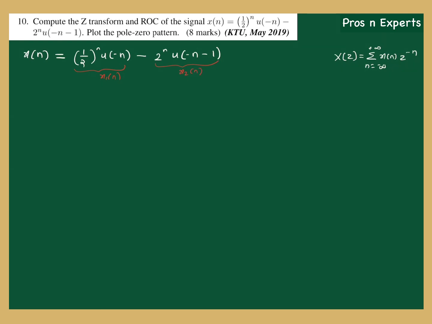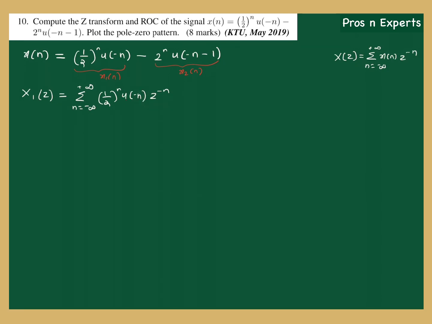Okay, all right. So what is x1 of z? I can start calculating x1 of z as sigma n equal to minus infinity to plus infinity x1 of n, right? x1 of n into, that means half raised to n u of minus n into z raised to minus n. Now a little intuition into the signal will reveal that this signal is a left-sided signal, right?